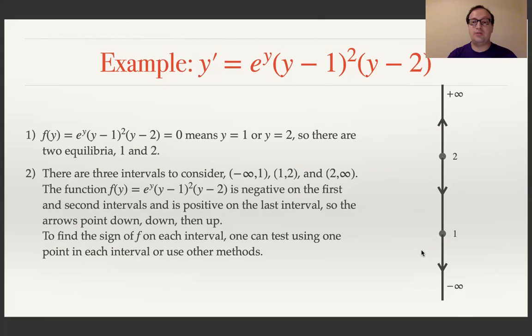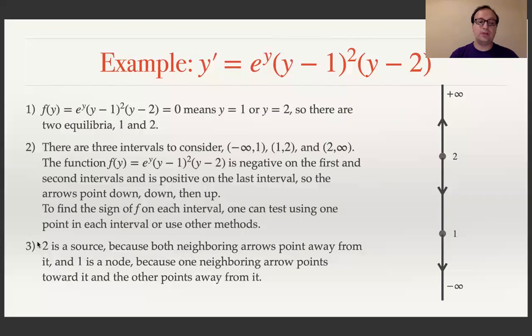And we have to find out the sign of the function f, whether it's positive or negative on each interval. And in this case, it turns out that it's negative on minus infinity to 1, negative again on 1 to 2, and positive on 2 to plus infinity. And then we put arrows on each interval. So downward arrow if the sign is negative, and an upward arrow if the sign is positive.